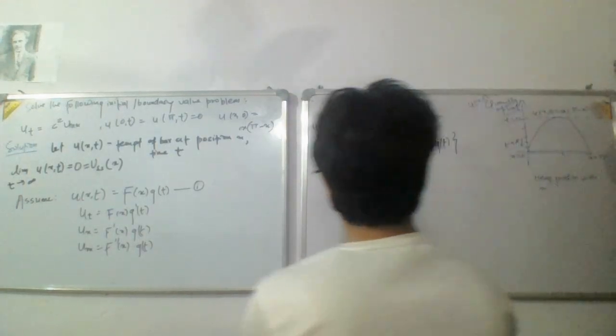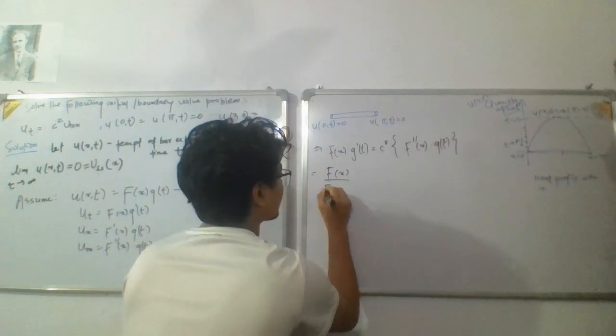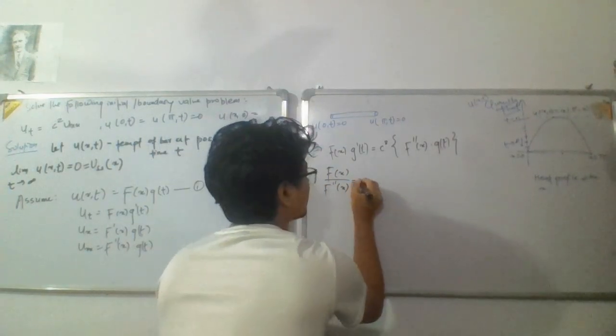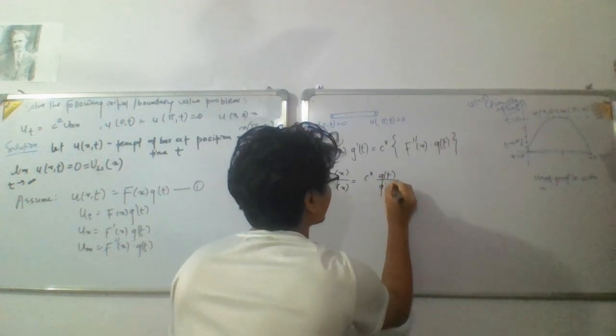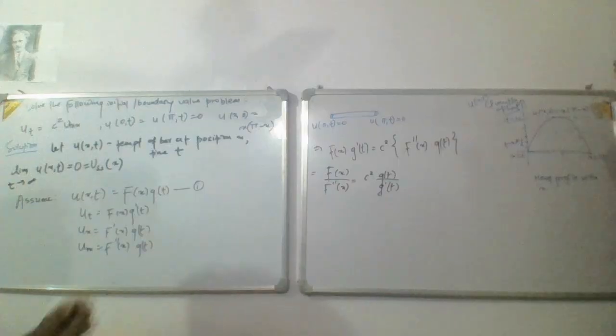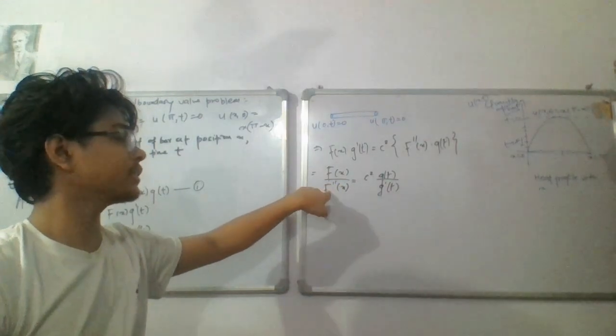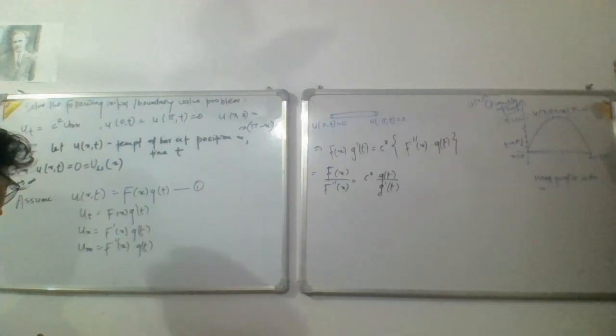It means f(x) f''(x)... equals c squared g(t) g'(t). We get a second order differential term and a first order differential term in the denominator.